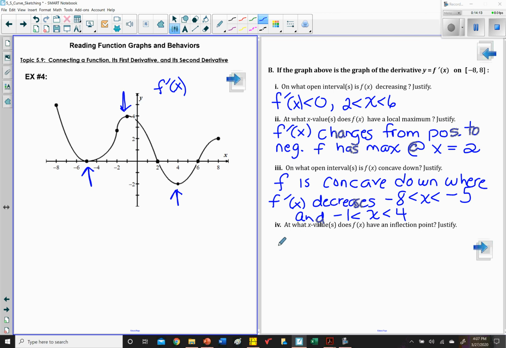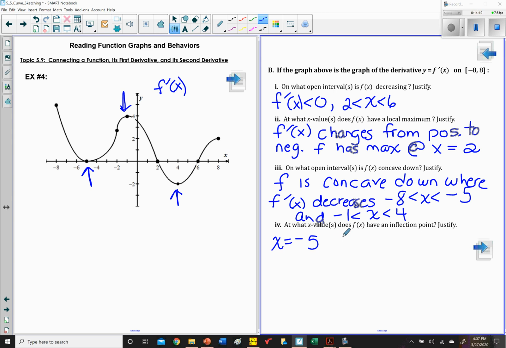And then to justify that, we would say at x equals -5, f prime changes from decreasing to increasing.